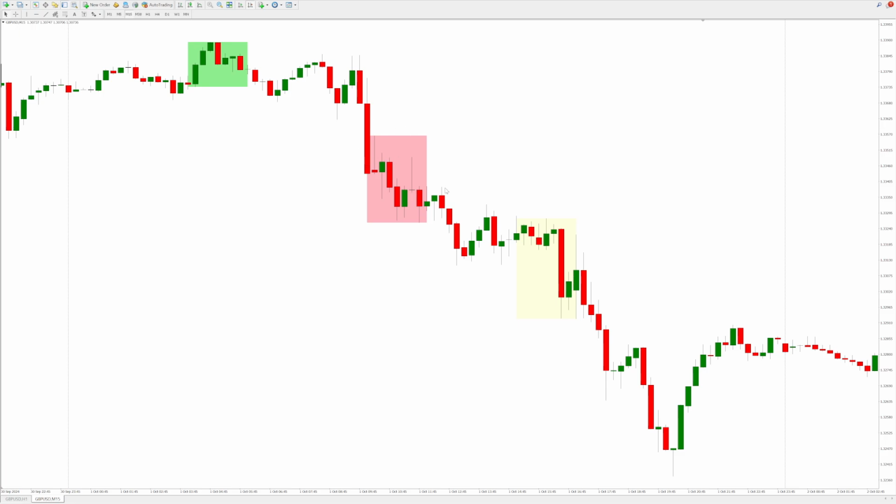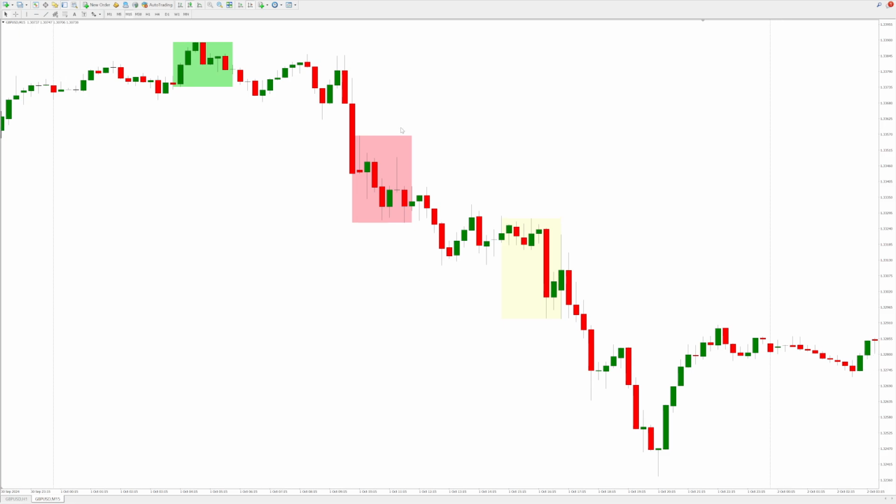If we just take this as an example, as I said, this is a pound dollar chart, so we're going to look to, let's say, trend trade, because it's going to be volatile around these ICT kill zones, aka the opening few hours of the session.